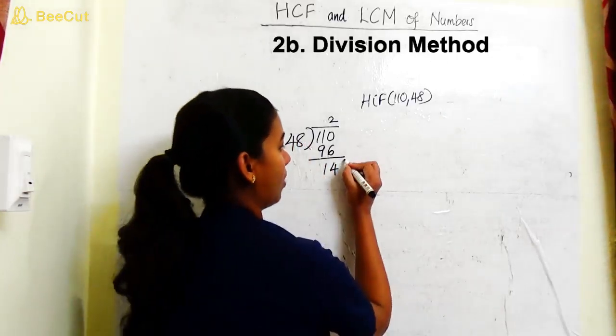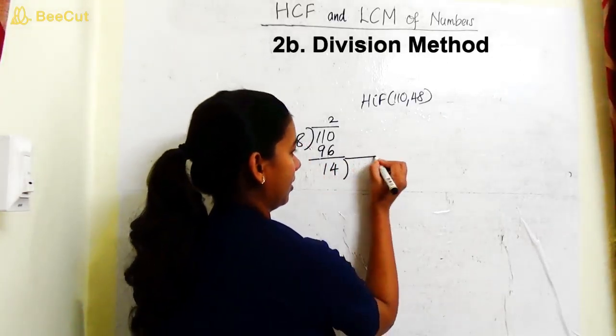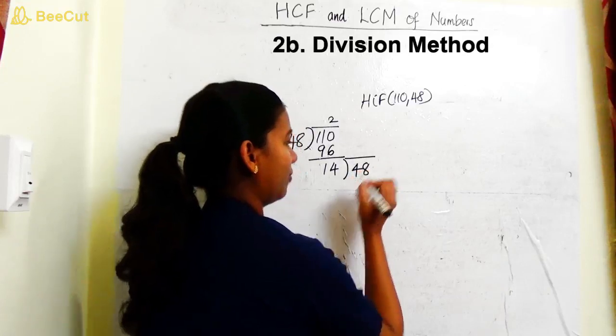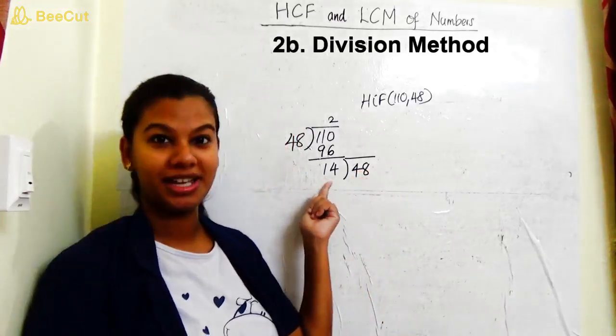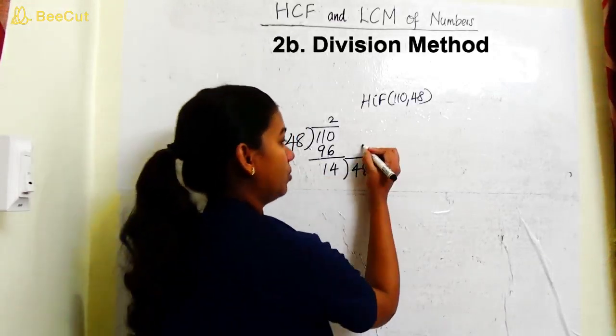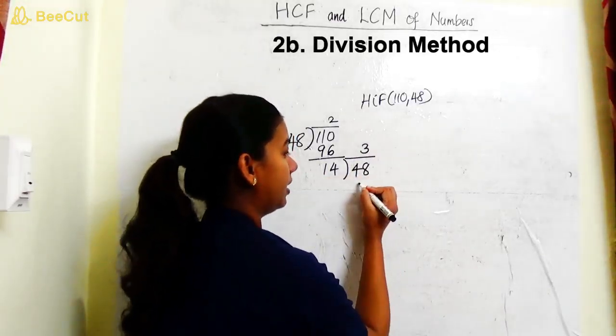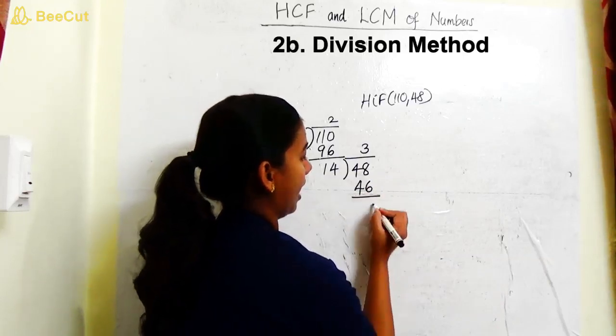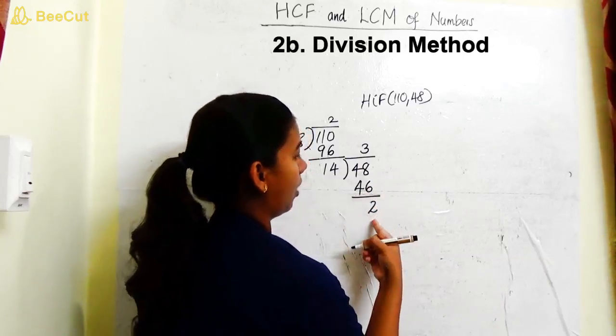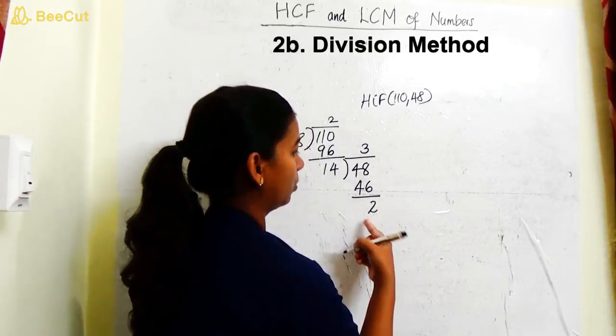Okay. So what I did, I'll draw like this and I put 48. Now I have to divide 48 by 40. 14 into 3 is 46. I get the remainder as 2.